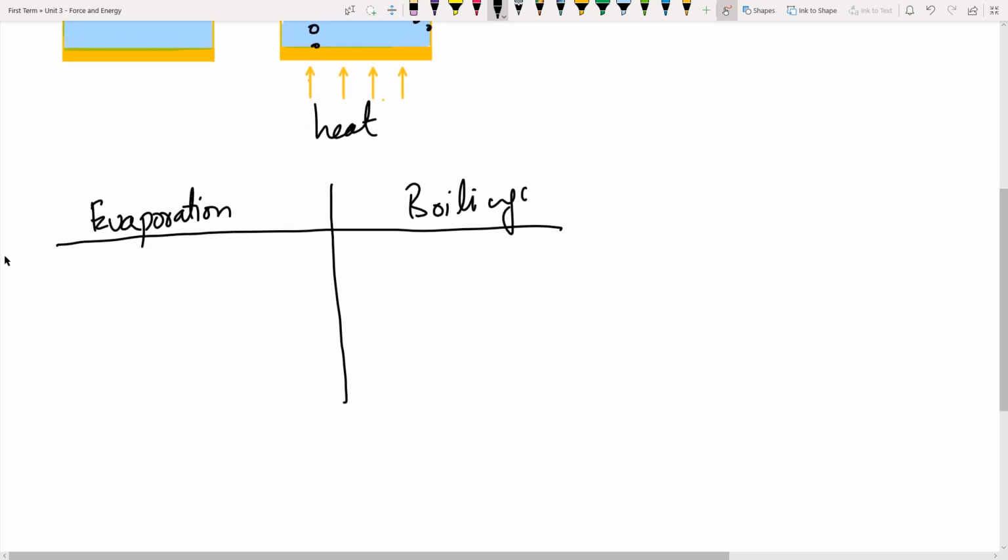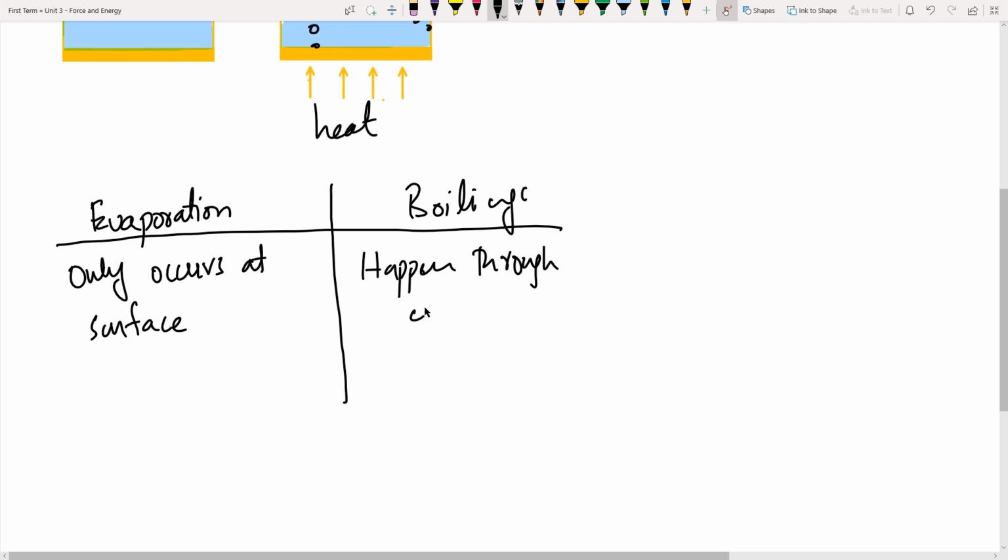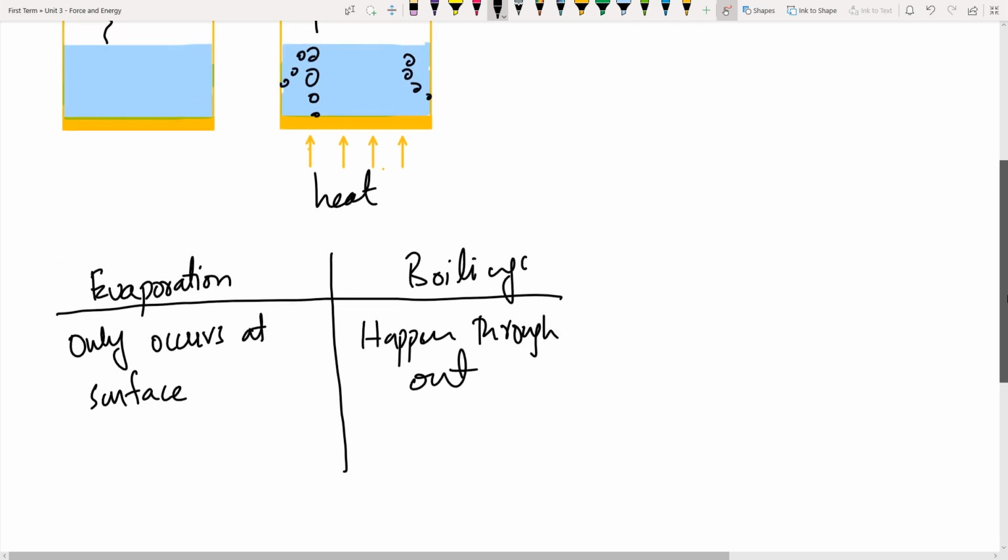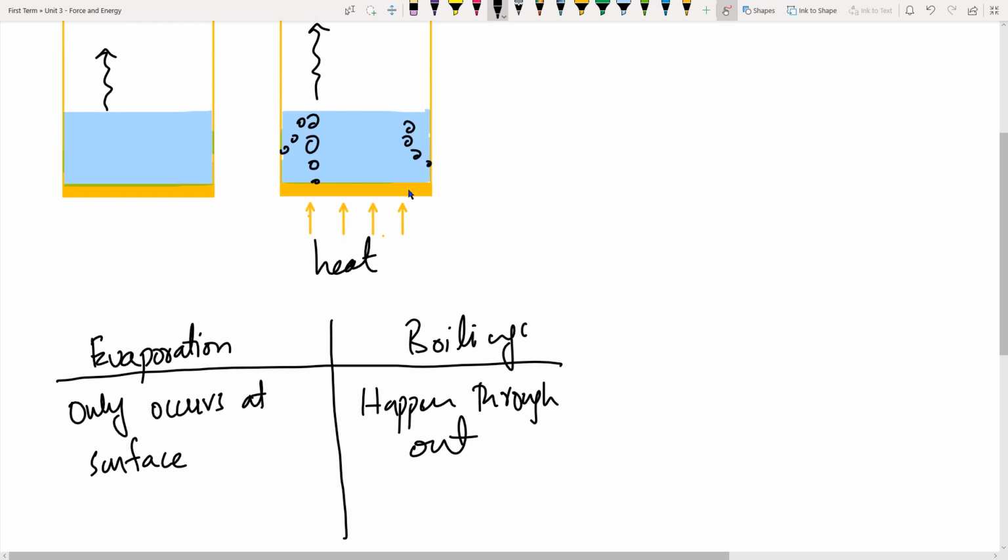So boiling, in boiling, only occurs at surface, right? Evaporation happens throughout, right? That means once you start boiling, you see bubbles coming out from the walls and the base of the container, while in evaporation, we only are concerned with the top layer.